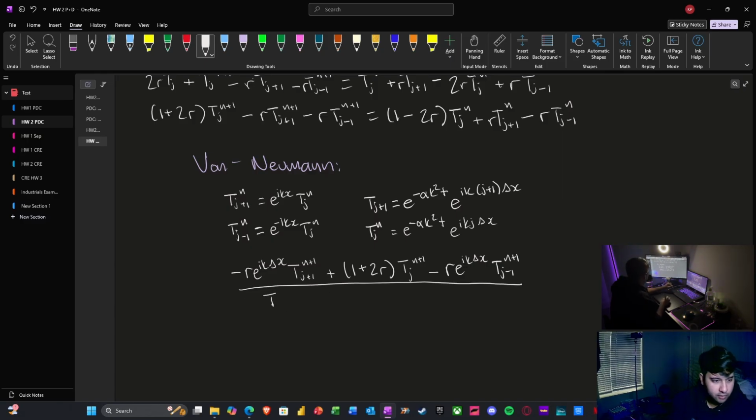That's going to be all over T_j^n times R e^(-ik delta x) plus 1 plus 2R, and since we took out T_j, we don't need that, and I believe it's minus R e^(ik delta x). I'm going to double check that real quick.